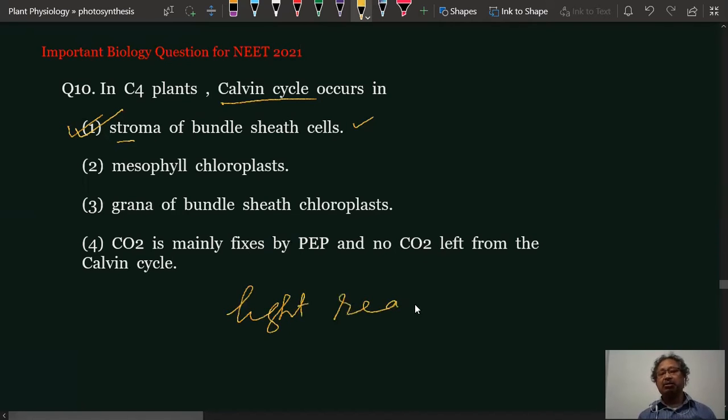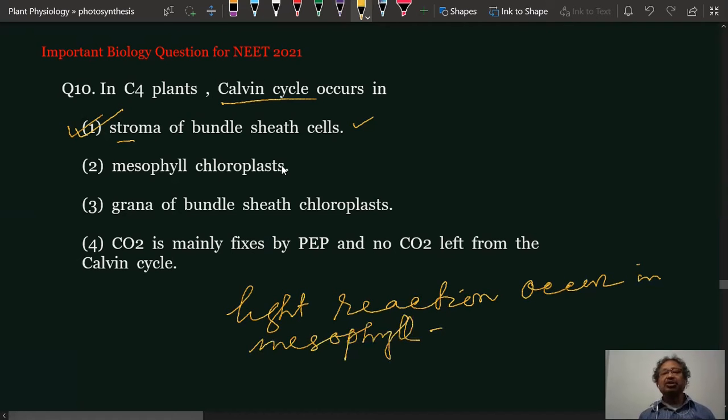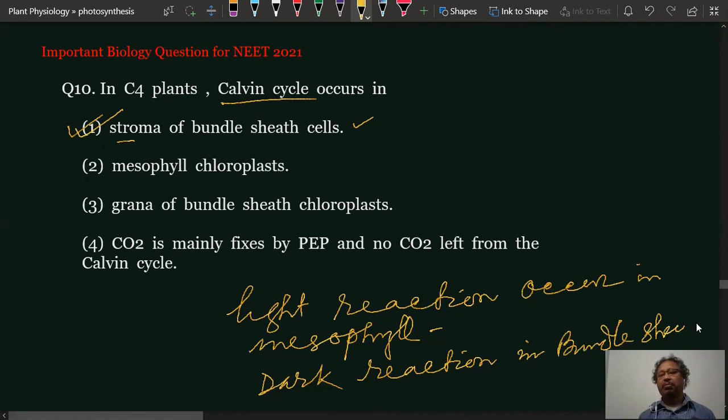Light reaction occurs in mesophyll and dark reaction in the bundle sheath cell. So light and dark reaction take place in 2 different cells.